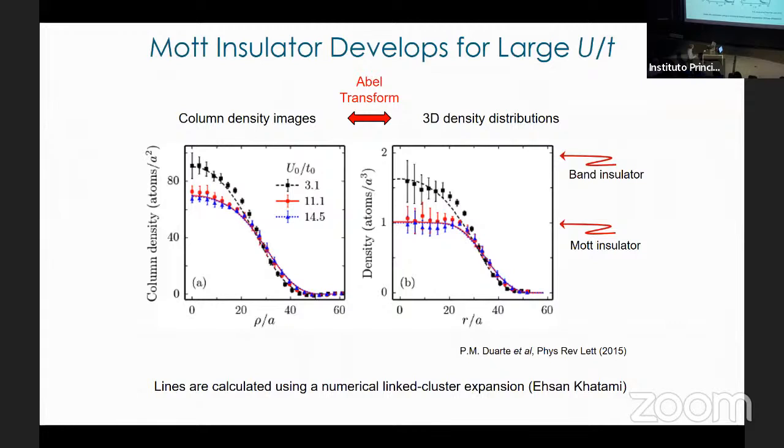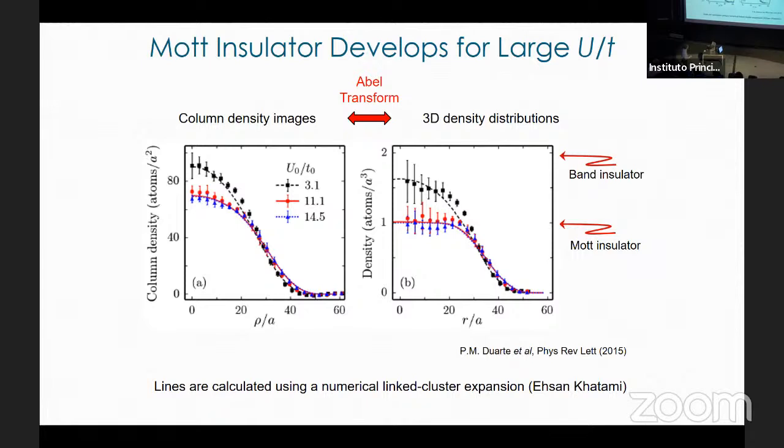So these are the compressibility measurements that show that when you get to low enough temperature below U, not below the superexchange, but below U, then you can suppress the ability of the gas to change its density. If we look at this frame over here, this is distance along the lattice from the center of the lattice outwards, and this is the density in units of atoms per lattice site.